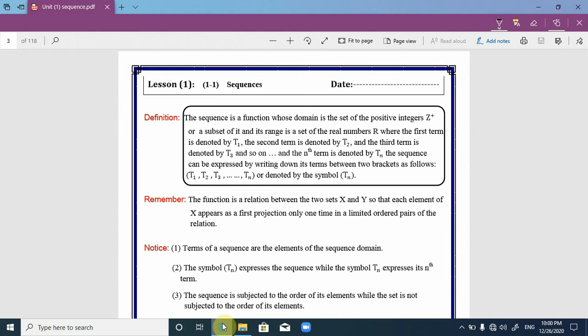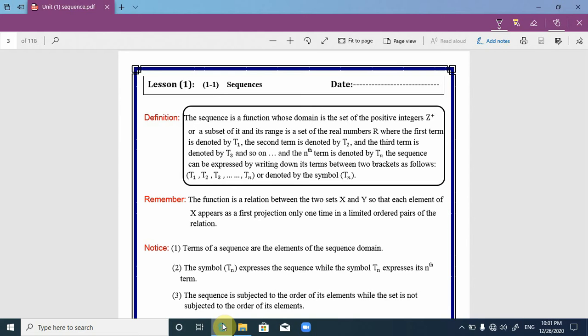You have studied sequences before, as you know, in the form of completing the same pattern. But we have here, in the second stage, another definition of the sequence.